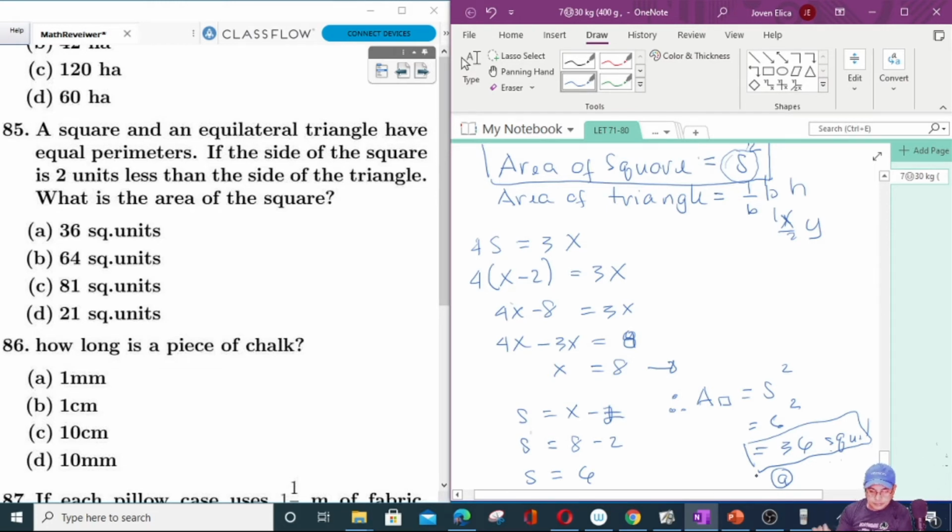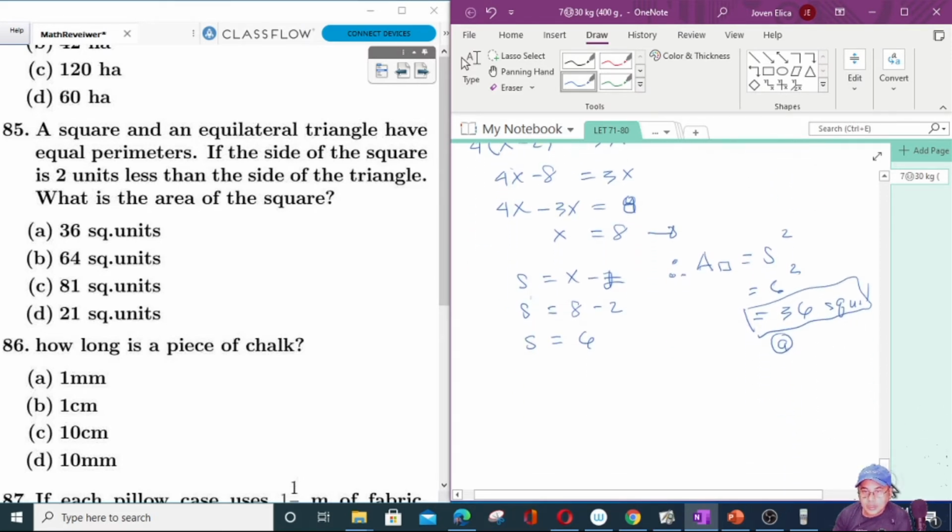Just to verify, let's solve for the equilateral triangle.